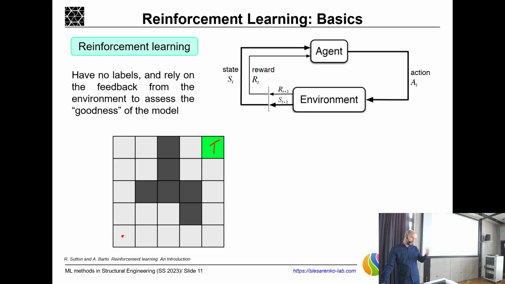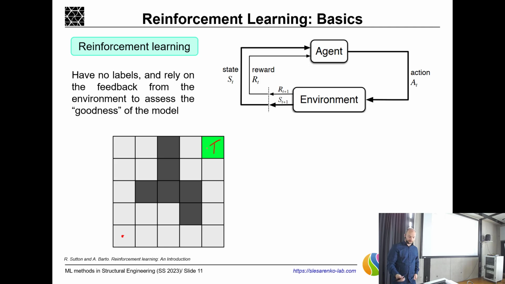But as a reward, in many cases, you have a penalty. So instead of giving you points, for each step I will subtract 1. So if you go along this path, you will lose a lot of points. In this case, the optimal solution, the solution that we are aiming for, would be one that reaches the terminal state with a minimal amount of steps.